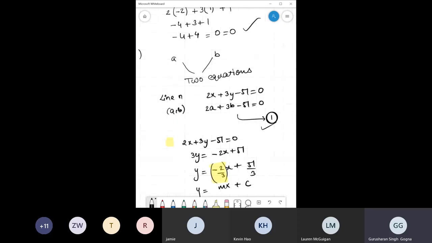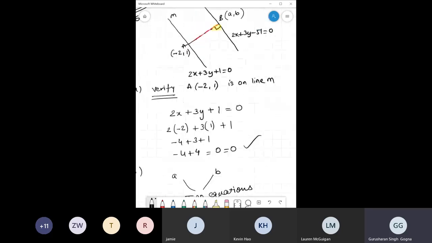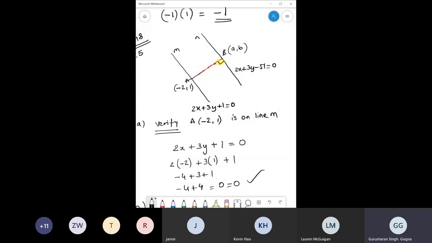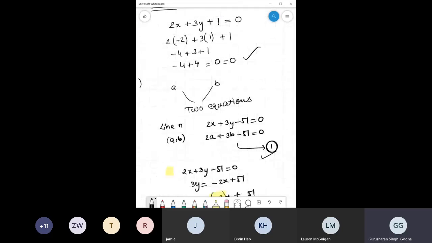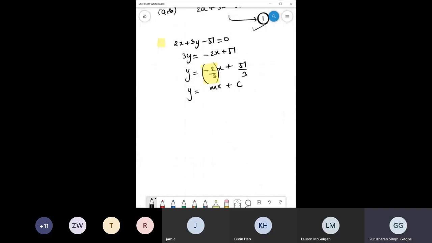Okay, and this line is perpendicular to line AB. So I need to get the slope of line AB as well. So what's the slope of line AB? So A means (minus 2, 1) and B is (a, b). So the slope of AB equals to (b minus 1) over (a plus 2). Okay.